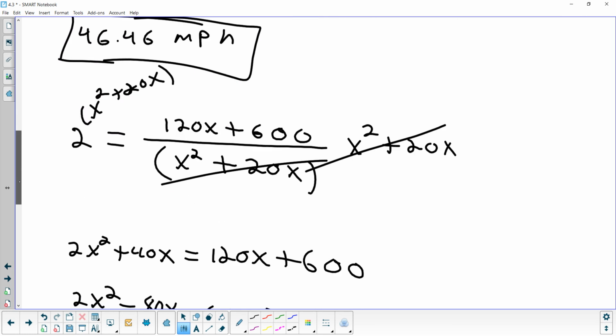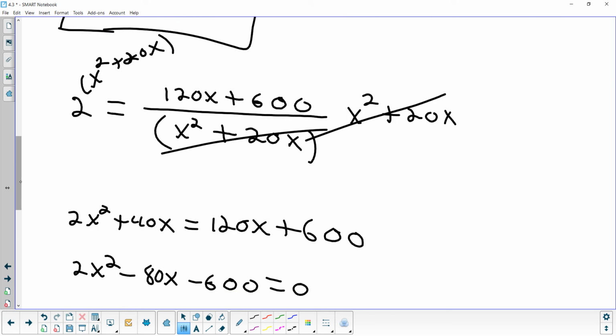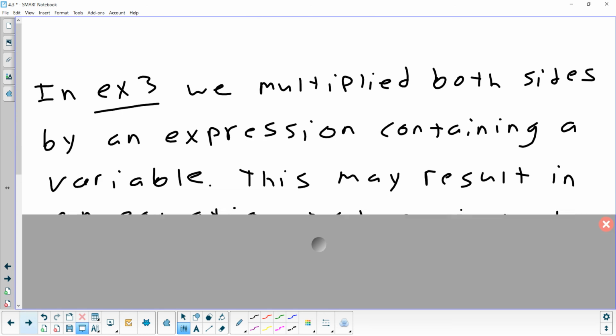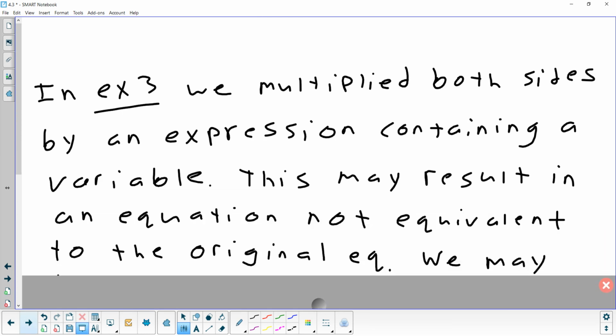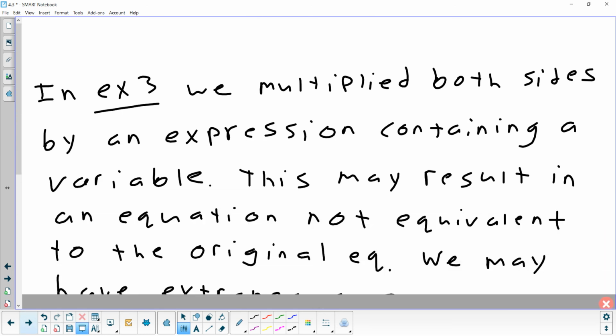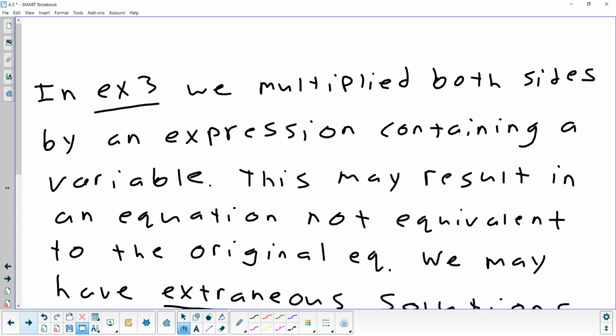Now, we did something here we have to be a little careful about. We multiplied both sides by something that had a variable in it. When you do that, you can introduce extra answers into the problem that aren't there. What can end up happening is we get what's called an extraneous solution. Doesn't mean that we did anything wrong.